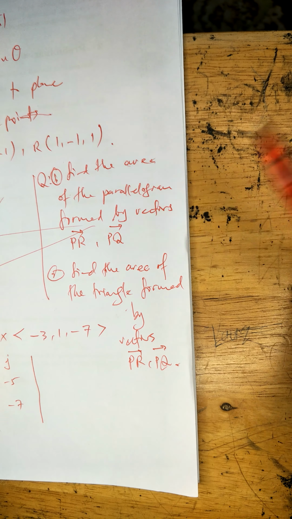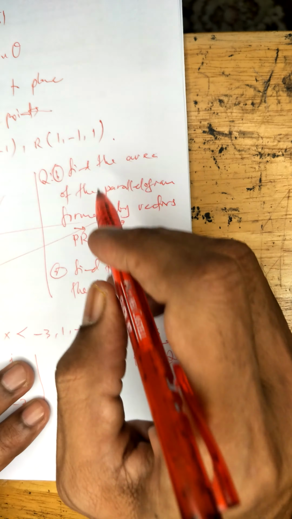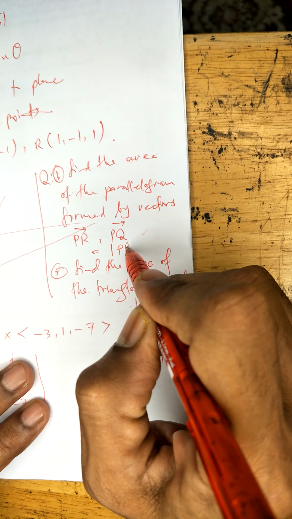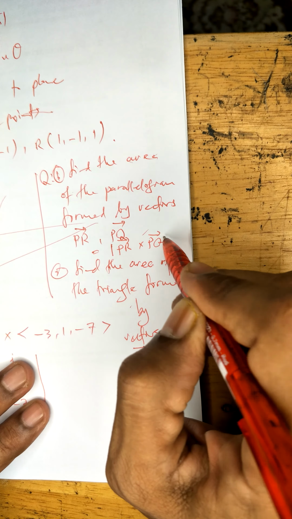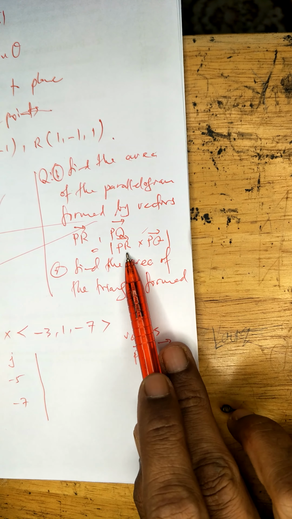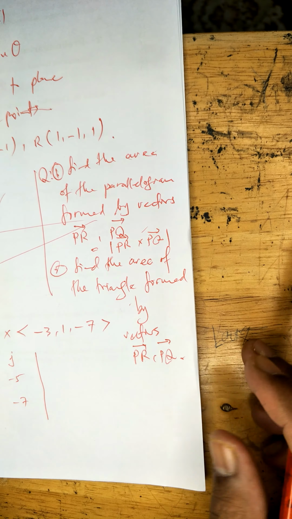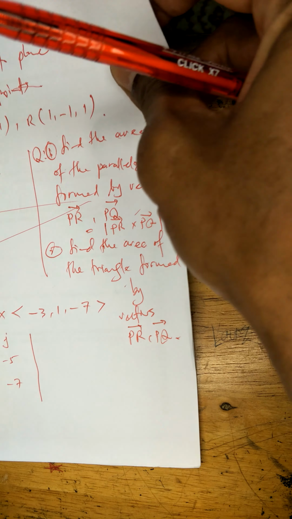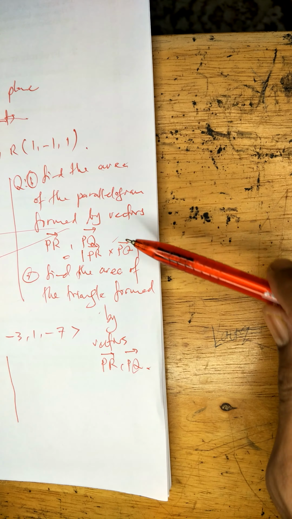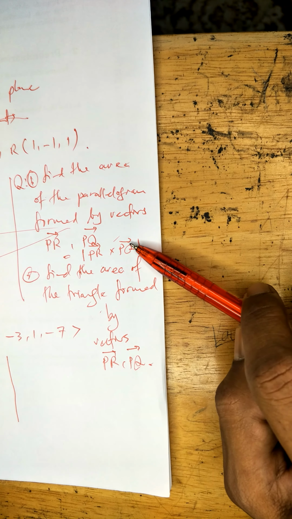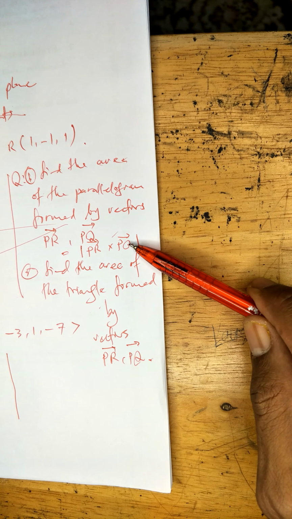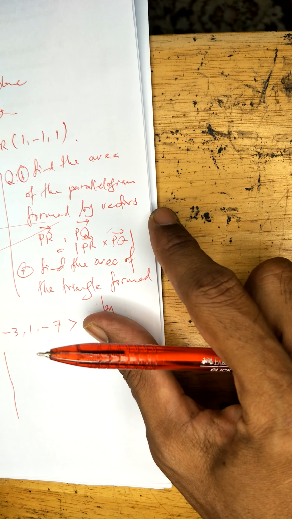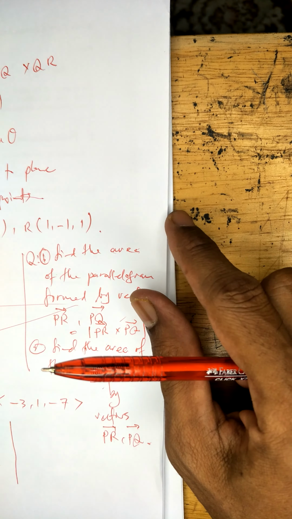For this you just need to find the cross product, the magnitude, for the area of the parallelogram. This is the magnitude of PR times PQ. You already have the vector PQ, PR from here. Having obtained those values, the area of the triangle is just half of that. Yeah, half of that. So I think I need to stop here for this video.